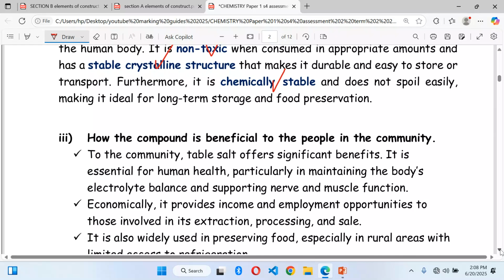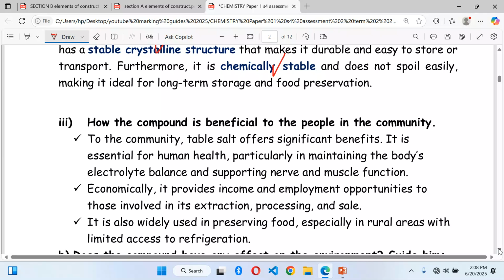Then, see, they're saying how the compound, take him through how the compound is beneficial to the people in the community. Which compound are you talking about? The common salt. Now here we need only 1 point, but because we are doing this marking guide, we are doing the discussions, then we can have more than 1 point. So let's look at the first point. Here the one has talked about importance of sodium chloride.